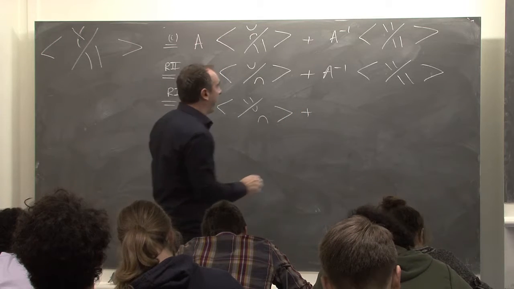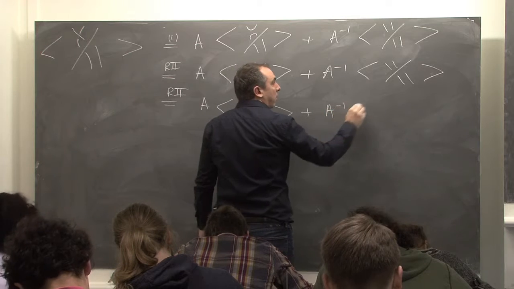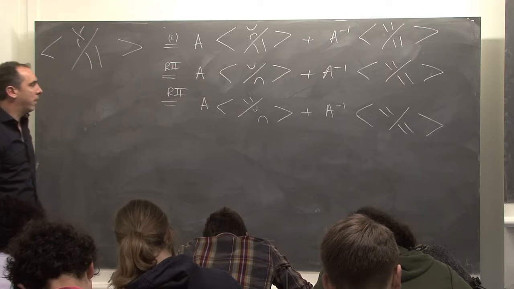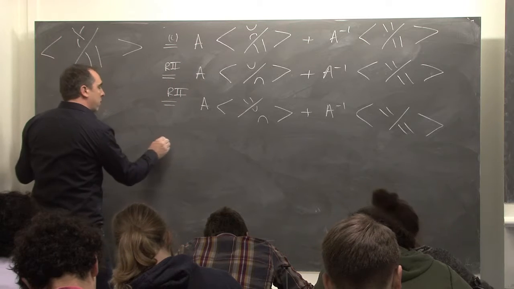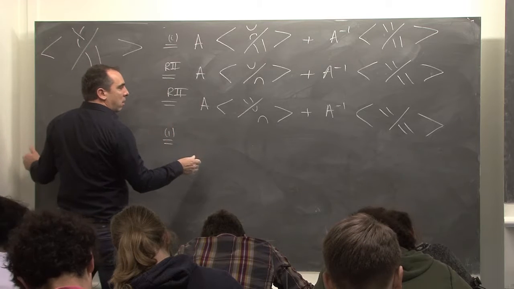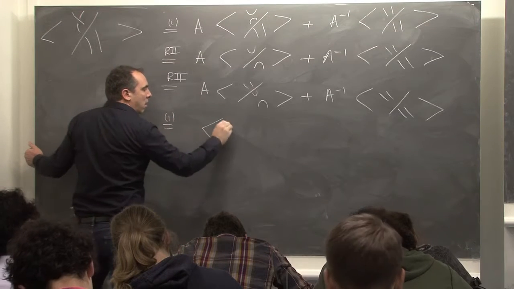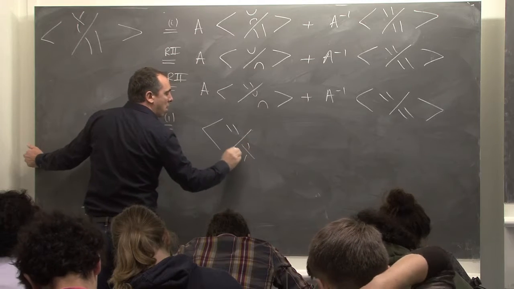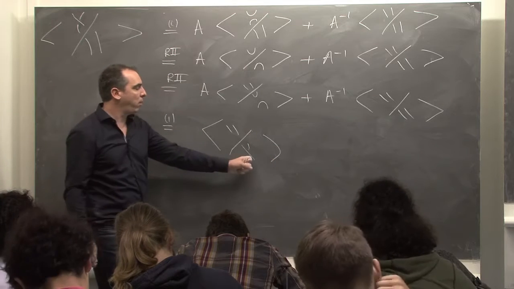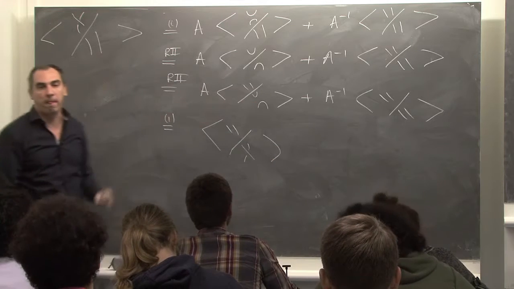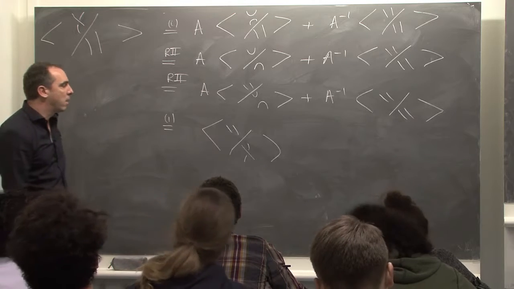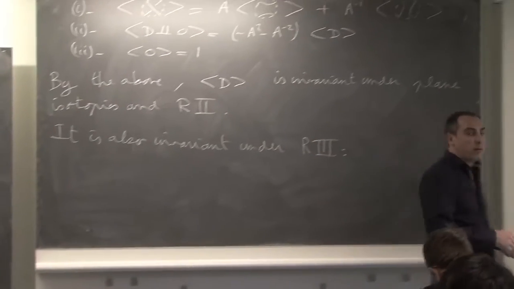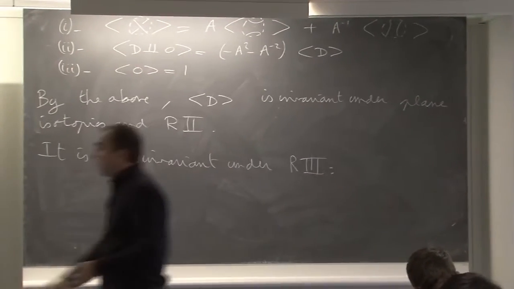Plus A inverse, and then using 1 I obtain this. If I use the property 1 to this crossing, I obtain this relation. Okay. So this proves the invariance under the third Reidemeister move.